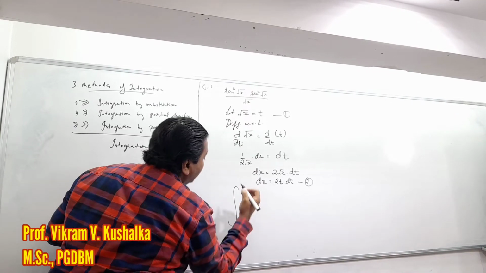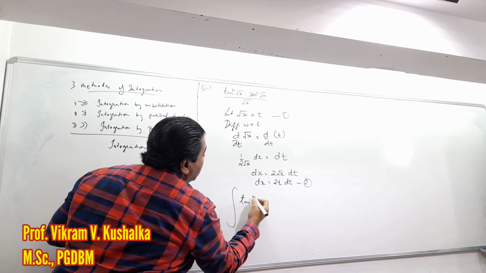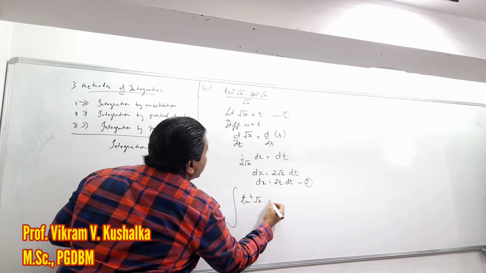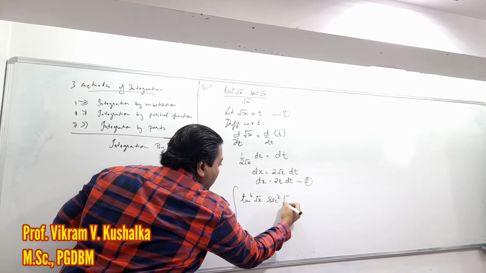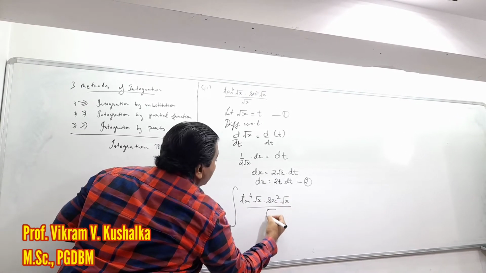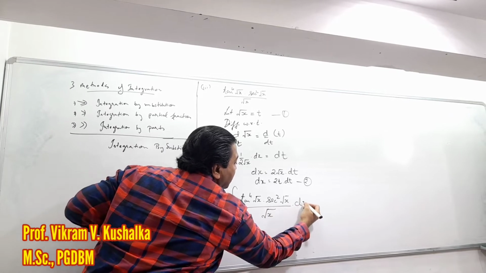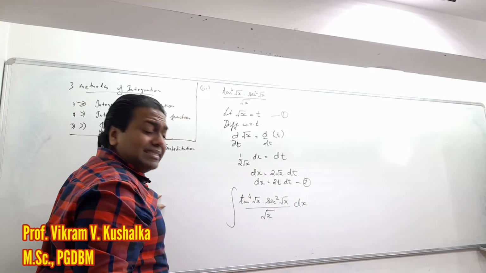What am I supposed to find? Integration of tan to the power of 4 root x into sec square root x divided by root x. Definitely I am integrating it with respect to dx.